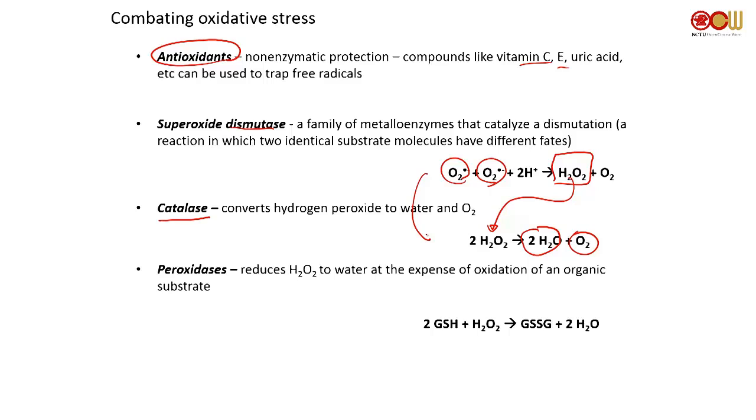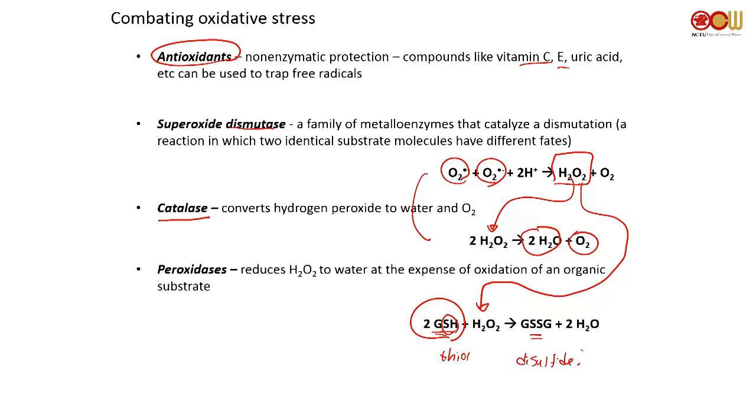Or you have hydrogen peroxide. You can also use this other thing called peroxidase, which will use an organic substance, and in this case, it's just glutathione. It's a type of molecule that is inside the cell, intracellular, that is used as a reducing agent. Okay, so you can convert that, and this is a thiol. Thiol into disulfide.